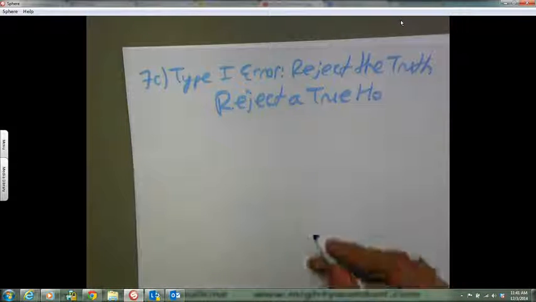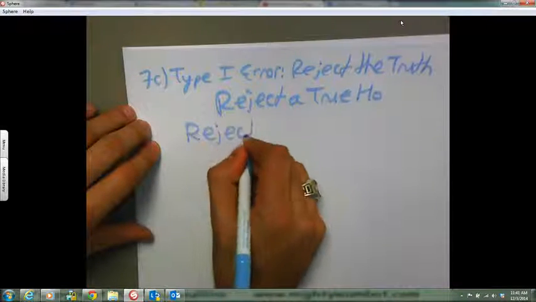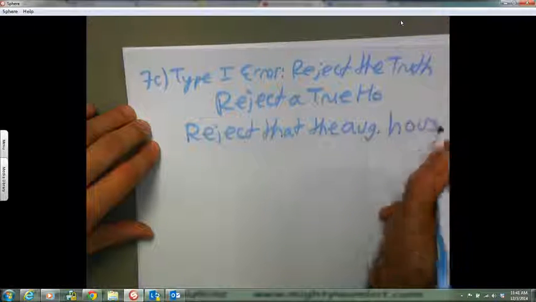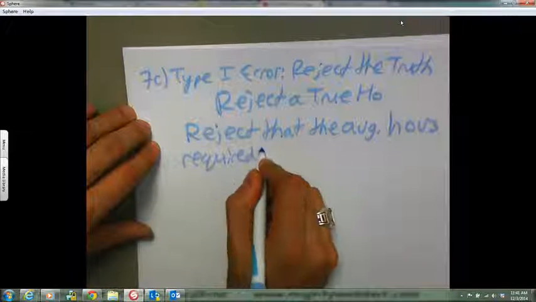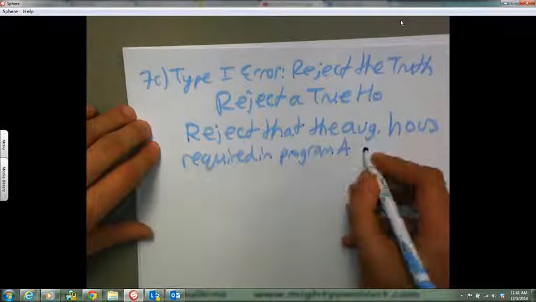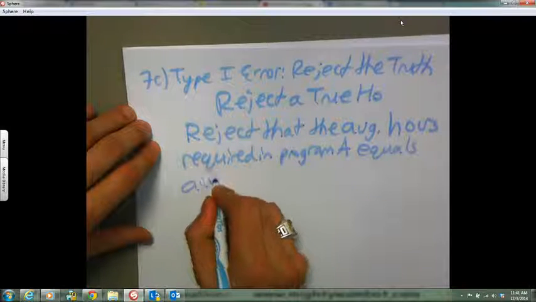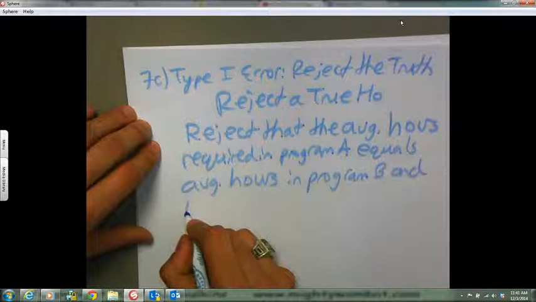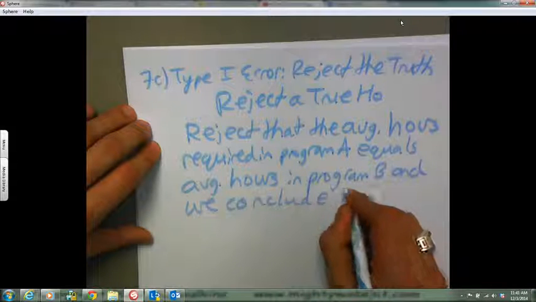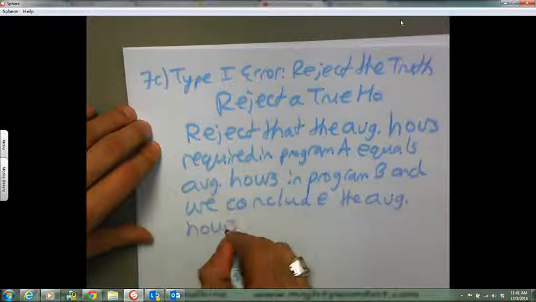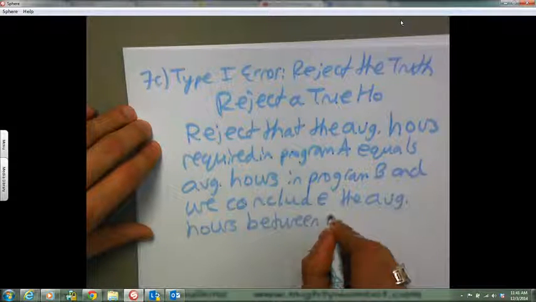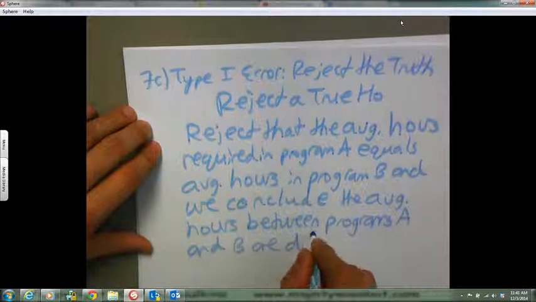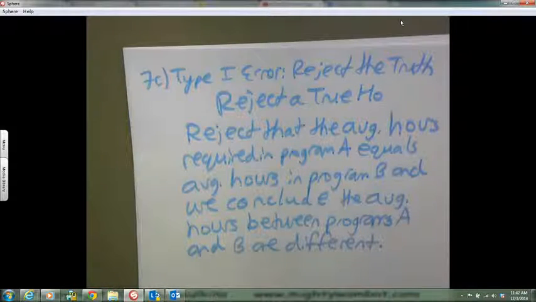It means we reject that the average hours required in program A equals the average hours in program B, and we conclude the average hours between programs A and B are different.